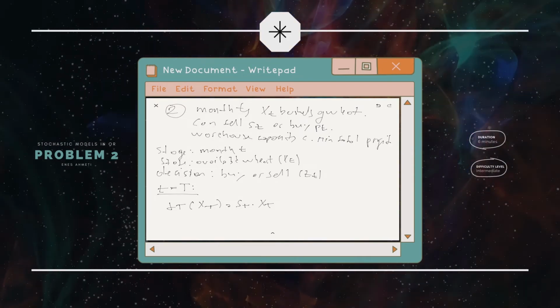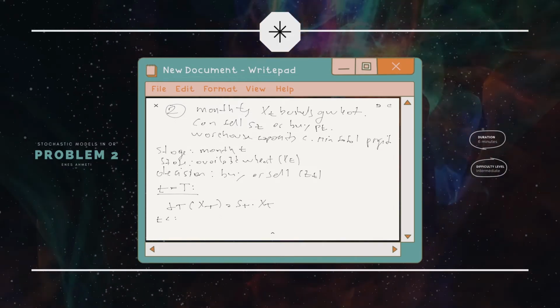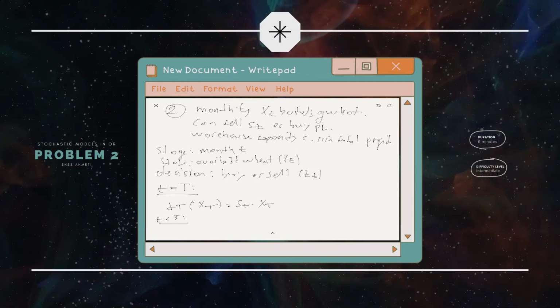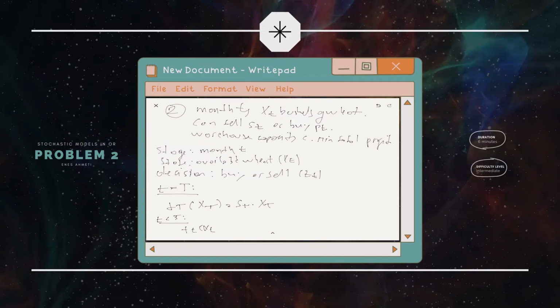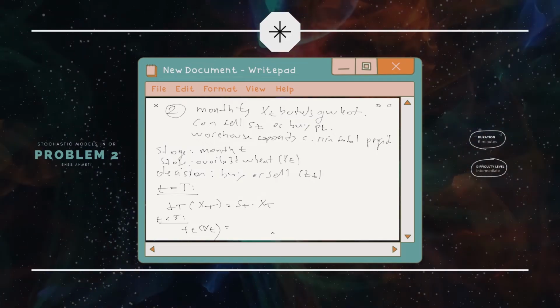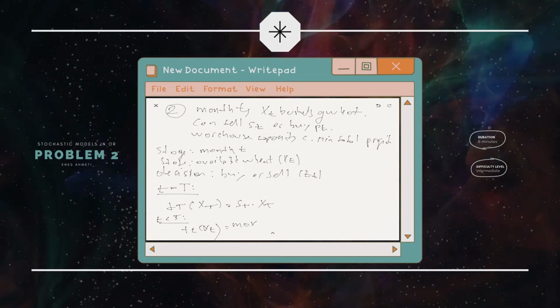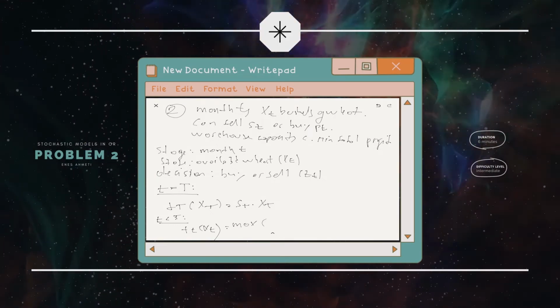But now, suppose that you are in one of the previous months. So that's lowercase t, ft, xt. Now we want to maximize either selling or buying. Okay, so let's take these scenarios one by one.